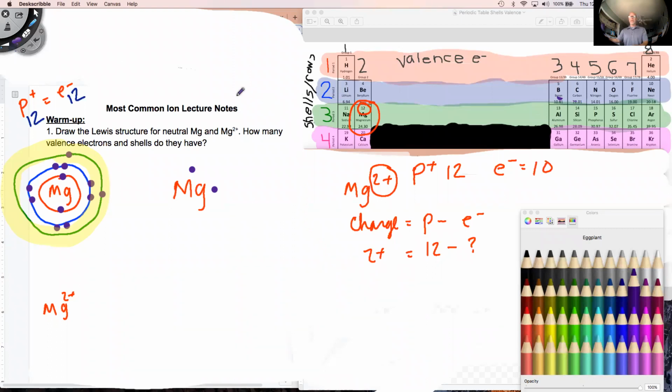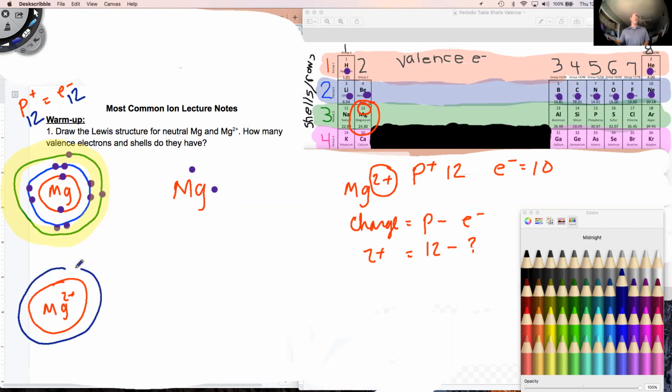So let's quickly fill in those 10 electrons. Here we are, 1, 2, 3, 4, 5, 6, 7, 8, 9, 10. So it looks like our last electron is on our second row. So what we want to do now, let's draw our shells. So we have shell number 1, and then we have shell number 2.